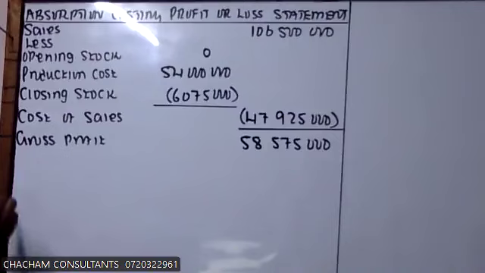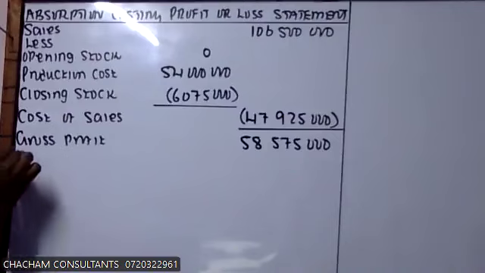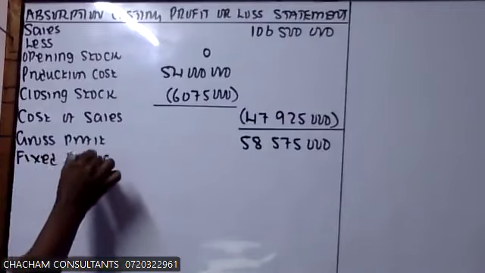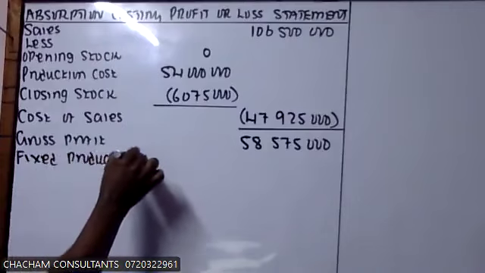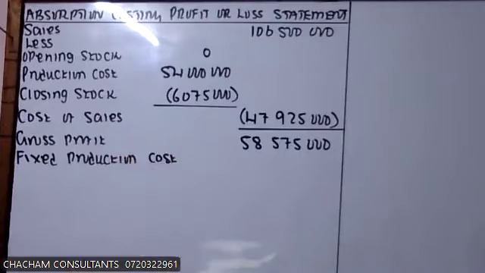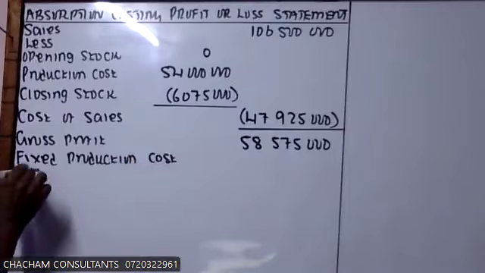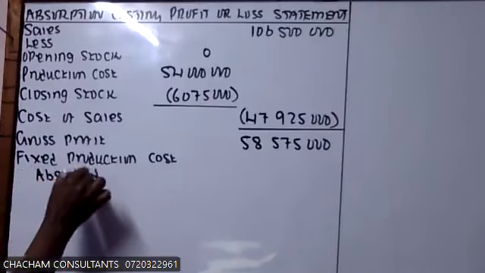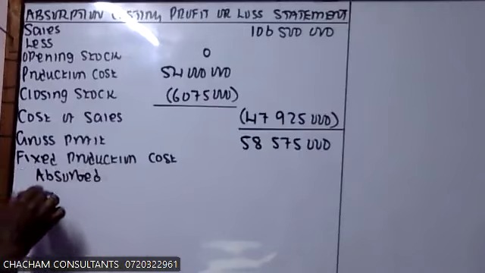Then you say fixed production costs. Now, in the fixed production costs, you begin with the absorbed. Then you come to the actual.